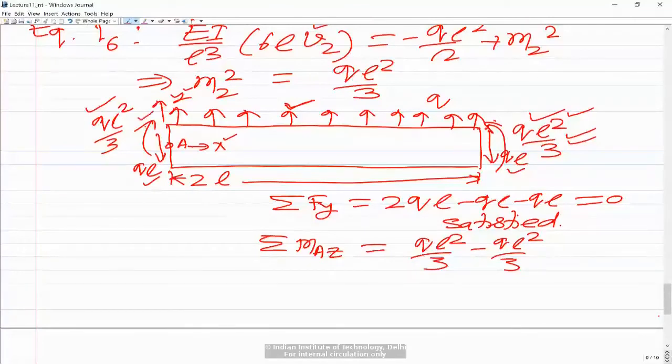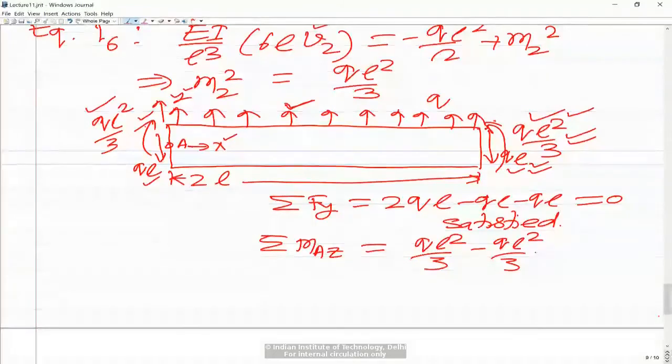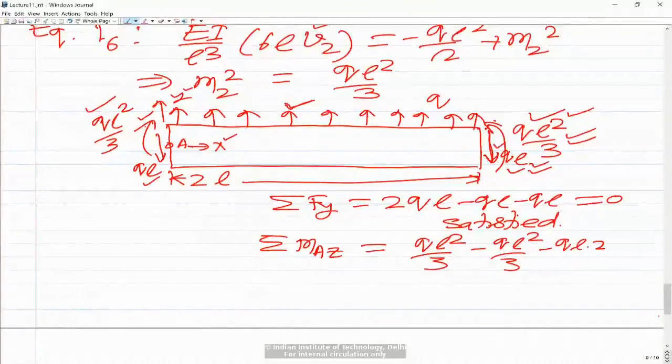So this is minus ql square by 3, and then we will have the moment due to this reaction force, which is ql. This is going to give you a moment about the negative z axis. So minus ql into the distance from point A, which is 2l.